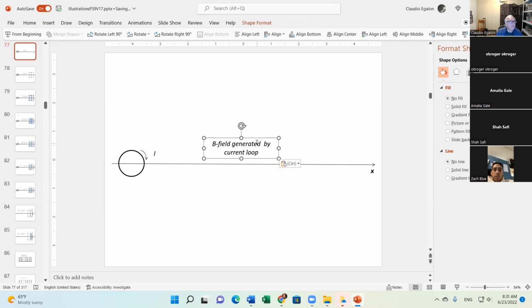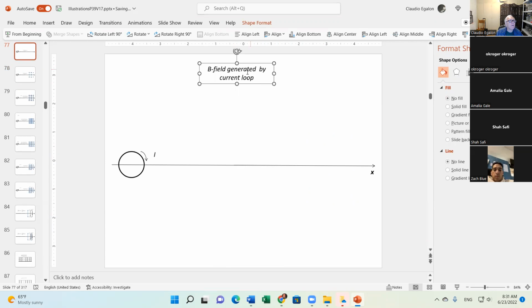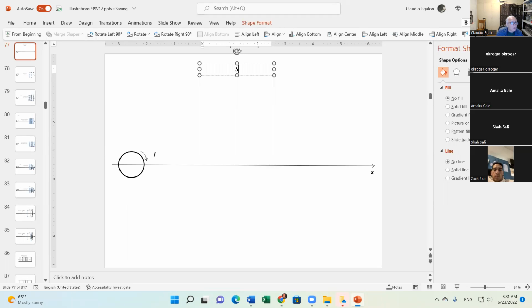That's how we start proving the existence of electromagnetic waves. We start with what we call a magnetic dipole, or we can start with an electric dipole. Either way works and gives you the same final result.